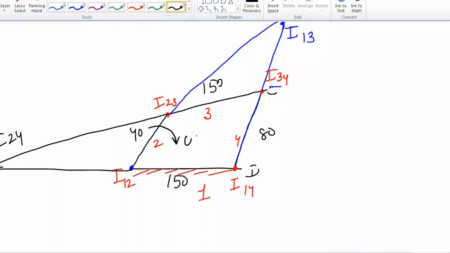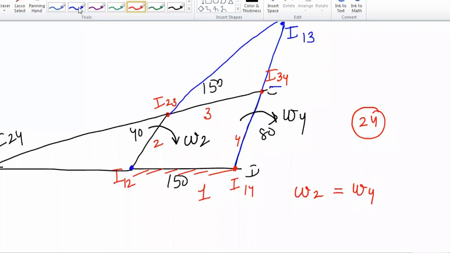Omega 2 he is giving, omega 4 he is asking. Correct? Omega 2 he is giving, omega 4 he is asking. So how to apply the angular velocity theorem, Anjali? 2 4 combination is there. So let us write omega 2 is equal to omega 4.